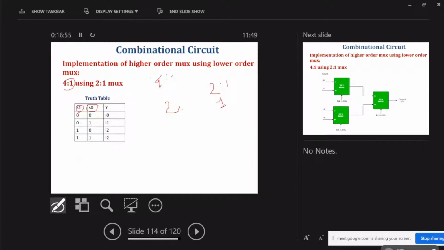For this particular case, for the first level of division we got 2, and for the second level of division we got 1. So by following this order, in the first level we require two lower order muxes, and in the second level we require one mux.